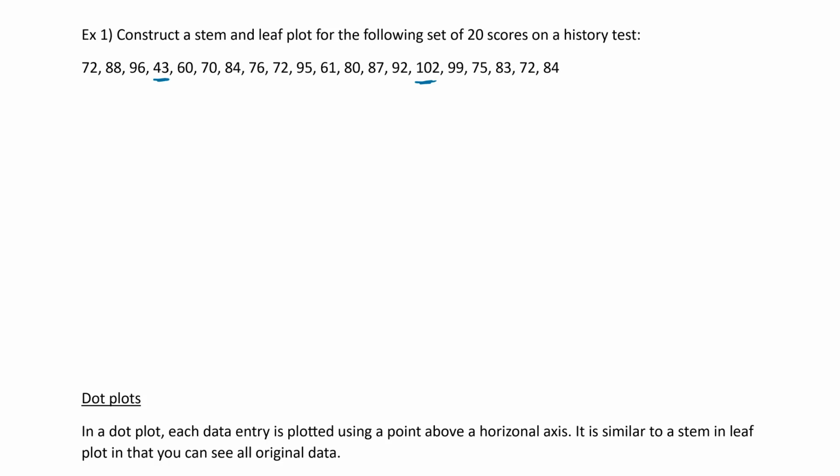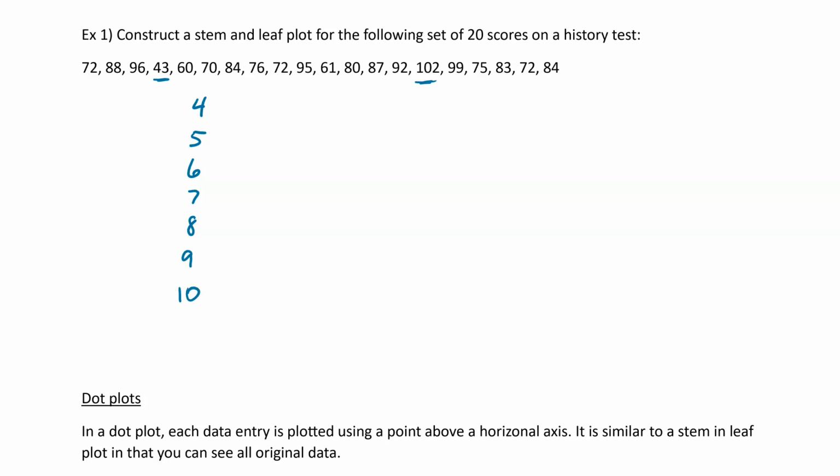That means we're going to start our stems at 4, because there's no point in doing any stems lower than 4, since there's nothing lower than the 40s. Then we're going to put 5, 6, 7, 8, 9, and 10, and that's where we're going to stop.